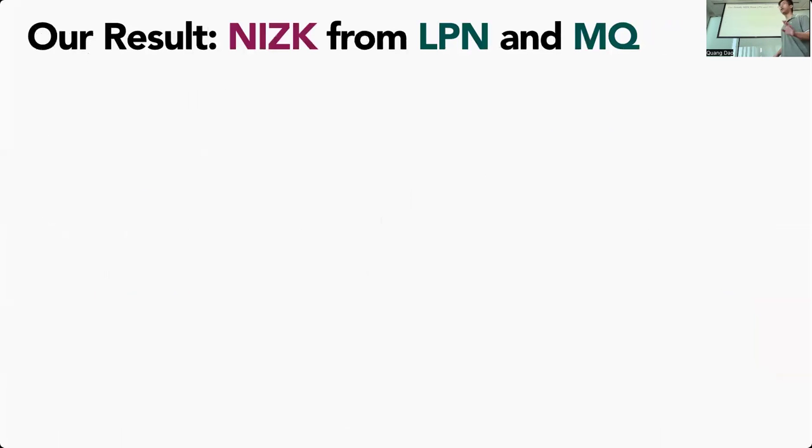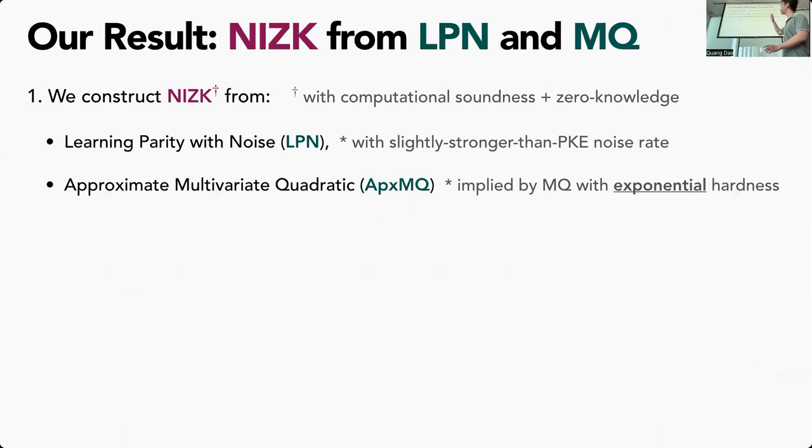In our work, we do this. We construct NIZK based on two well-studied post-quantum assumptions. LPN stands for learning parity with noise, and MQ stands for multivariate quadratic. In fact, we use a slight variant of multivariate quadratic, which has a reduction from MQ with exponential security.